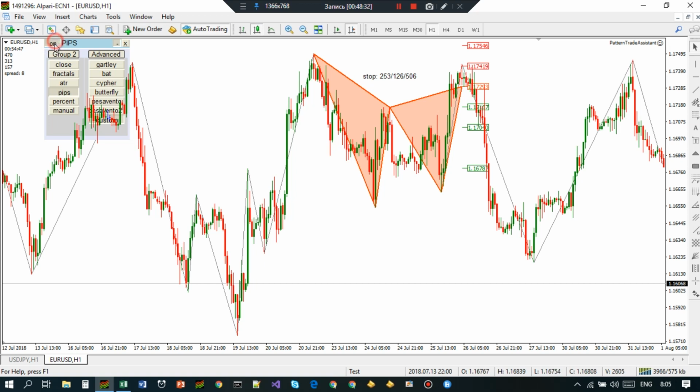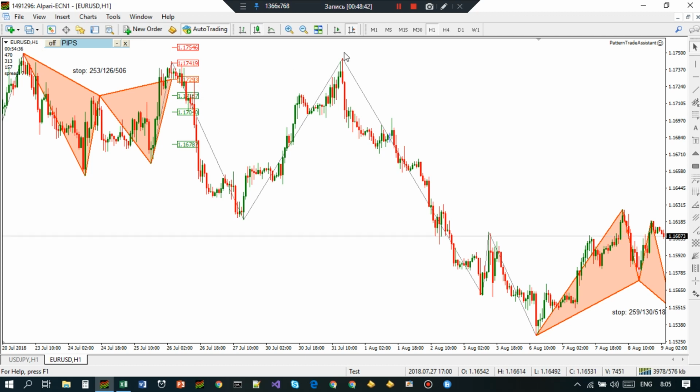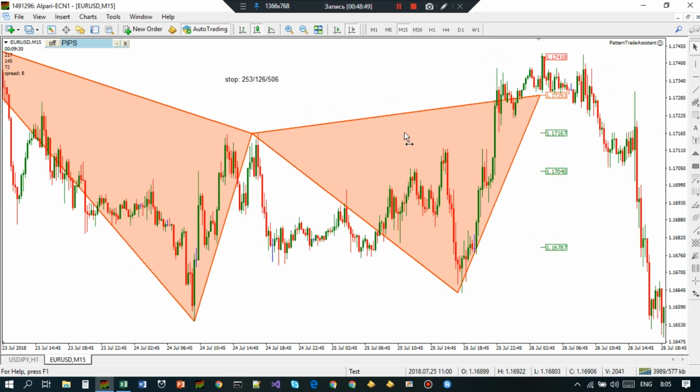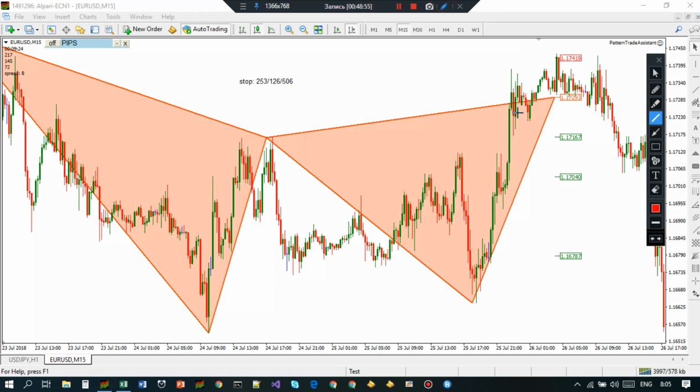And also this is a very interesting function that I have. My software is the only one that has it. I've never seen it in others. So look at this. You just stop it. For example, this is hourly, and you go to 15 minutes to execute this. You see what happens? Nothing happens. You have exactly the same, and you say, oh, look at this head and shoulders pattern.